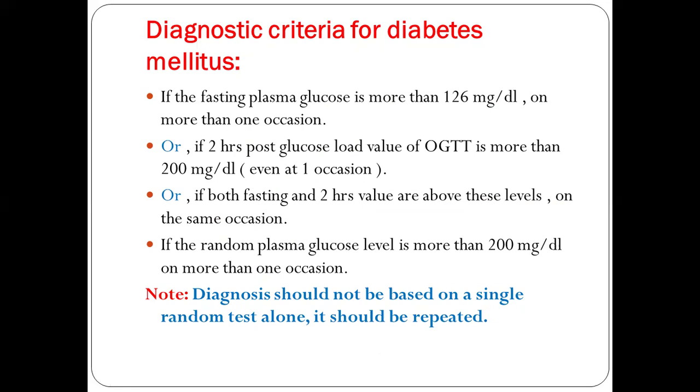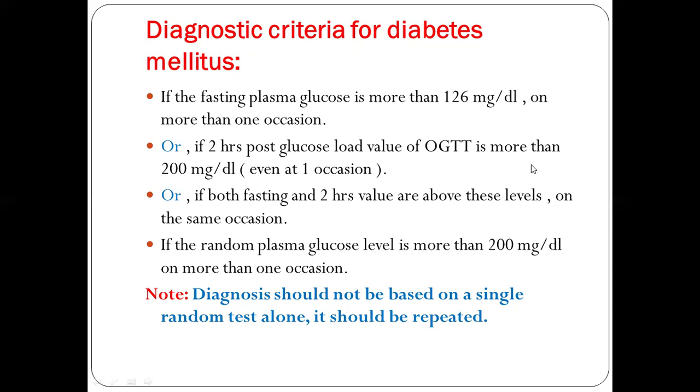So if both fasting and 2 hours values are above the level on the same occasion, or if the random plasma glucose level is more than 200 mg per deciliter on more than one occasion, that confirms the diabetes. So diagnosis should not be based on a single random test alone. It should be repeated. If you are getting a high value, you can advise the individuals to visit again after a few days or after a week and test again.